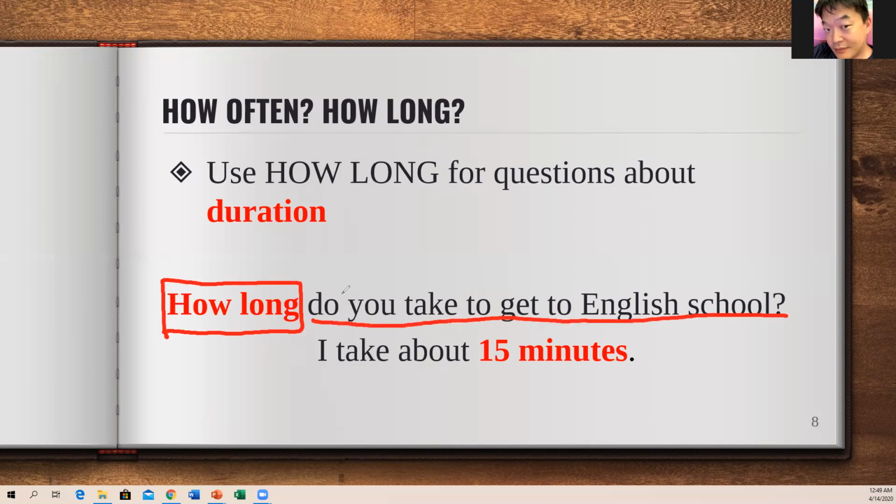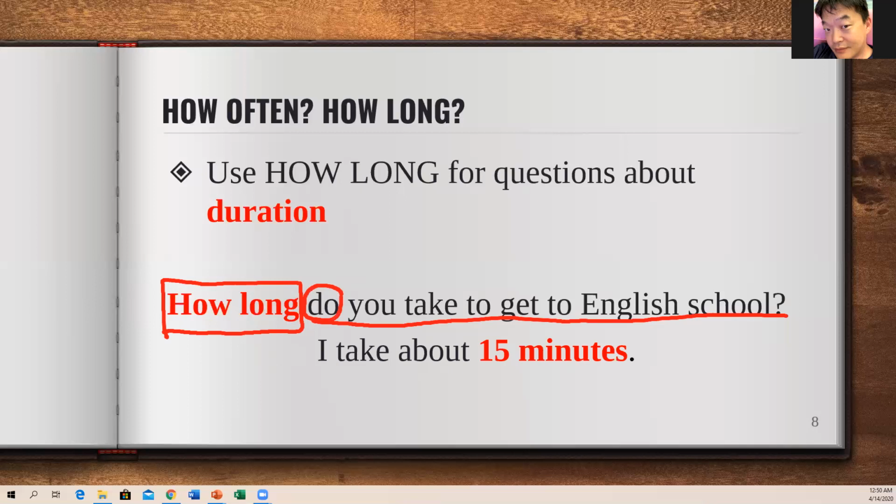In this case, how do you know this is a question? Because you have the helper verb here in the beginning, okay? So this helper verb does not show here, it shows here after how long, okay? The same for how often.